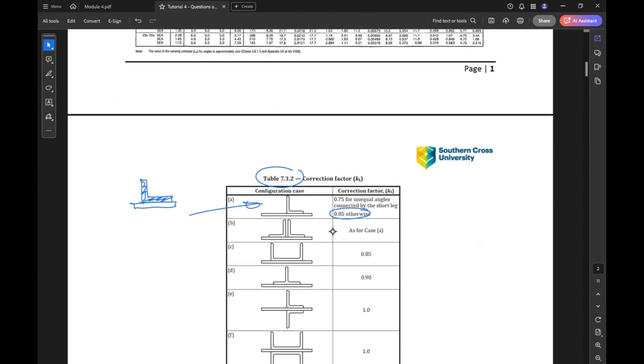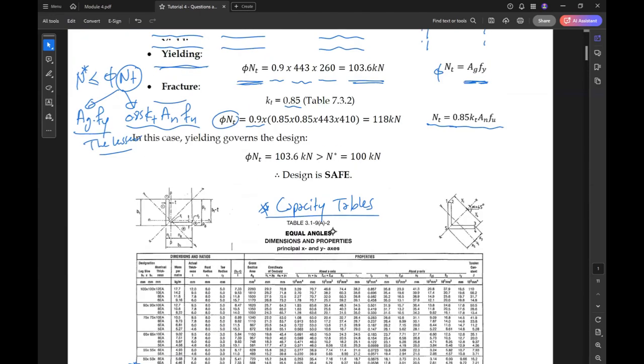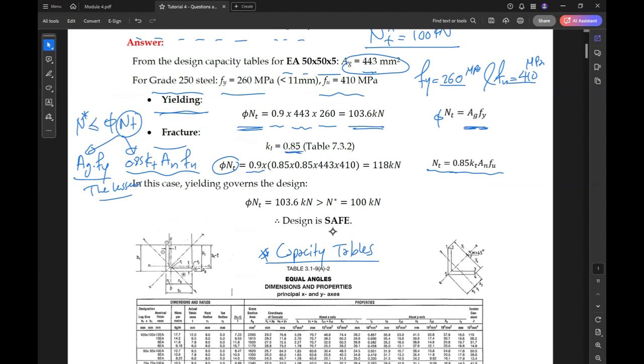So kt in this case will be 0.85, so 0.85 times 0.85 kt times area net.